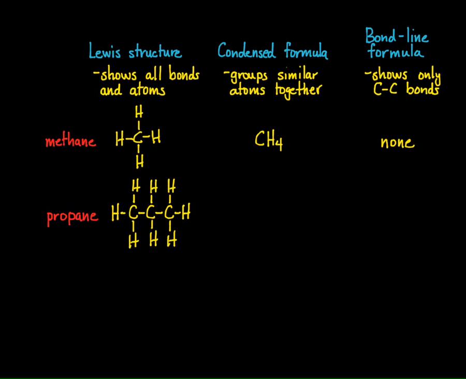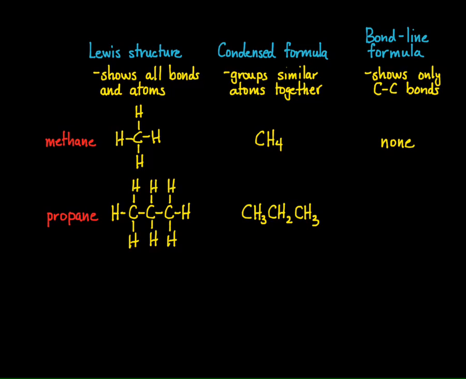And at the end, there's also 3 hydrogens, so we're going to denote that as a CH3, and it looks like this: CH3, CH2, CH3, right? So we've condensed the Lewis structure a little bit, but it still takes a while, and if we get into very large structures, even condensed formulas become a little bit of a nuisance.